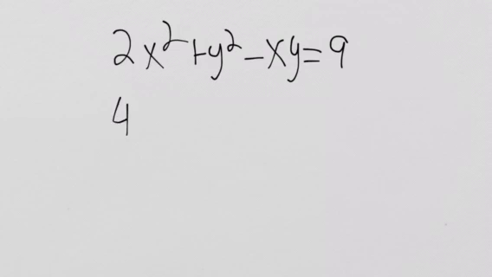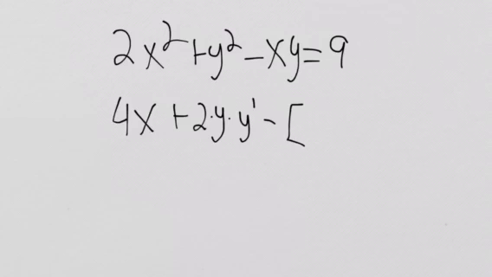So we get 4x, the derivative of 2x squared, plus the derivative of y squared is going to be 2y times y prime, minus, we have x times y, which is a product rule. So we have to do the derivative of the first function x, which is just 1, times the second function, plus the first function x times the derivative of the second function, which is y prime.